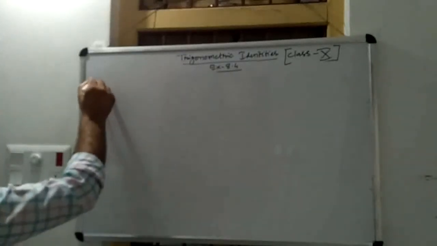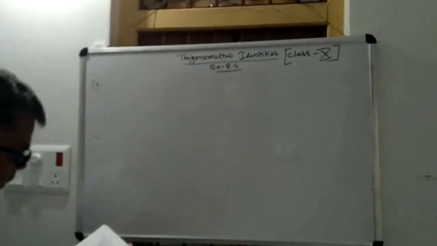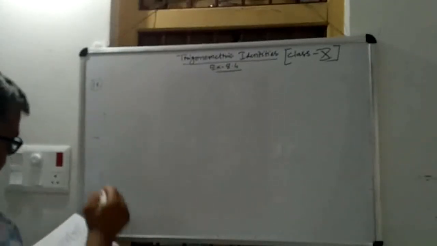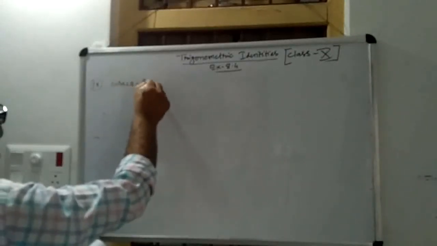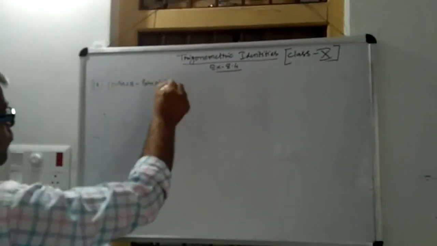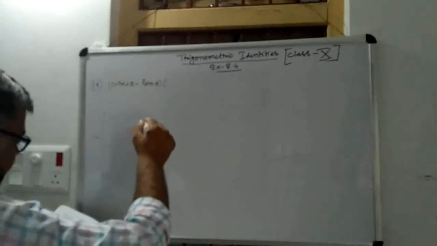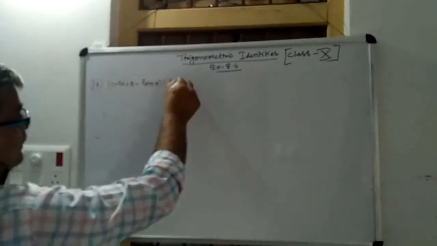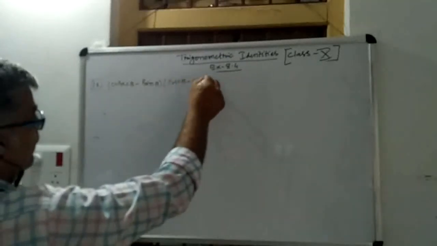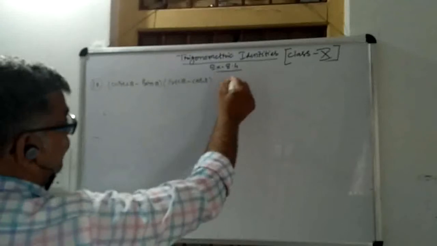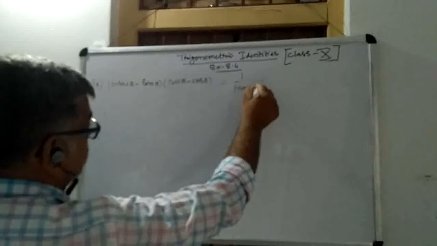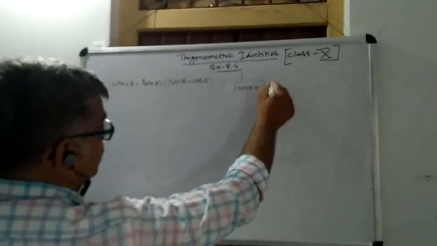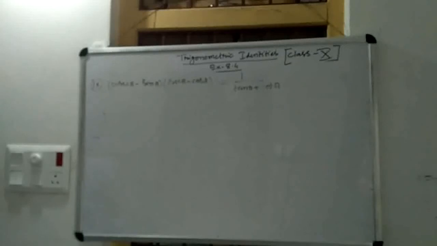The ninth identity is (cosec A minus sin A) into (sec A minus cos A) equals 1 by (tan A plus cot A).